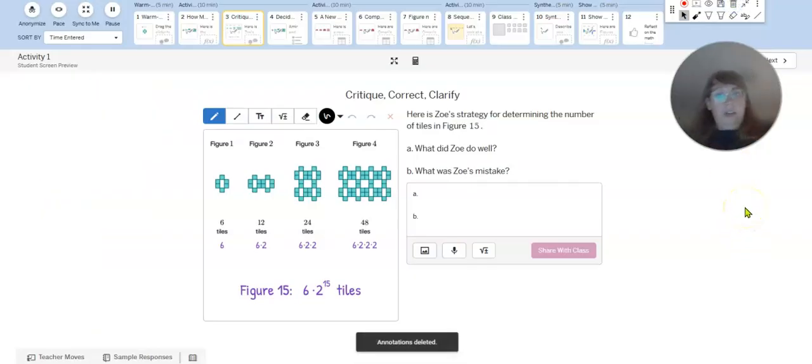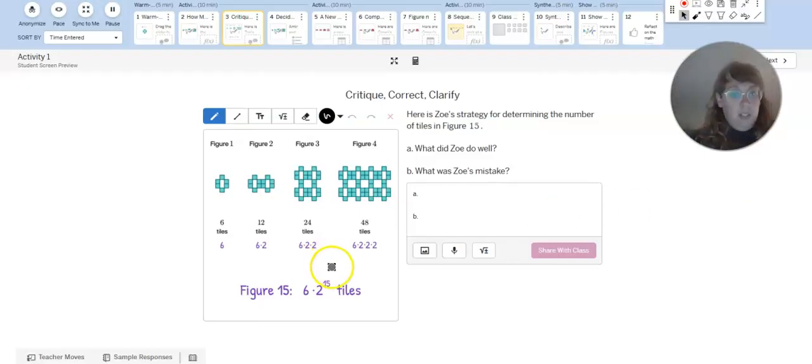So Zoe's strategy for determining the number of tiles in figure 15 is as follows: 6 times 2 to the 15th. Now Zoe did do something well here, but there is a mistake here as well. So what do we think?